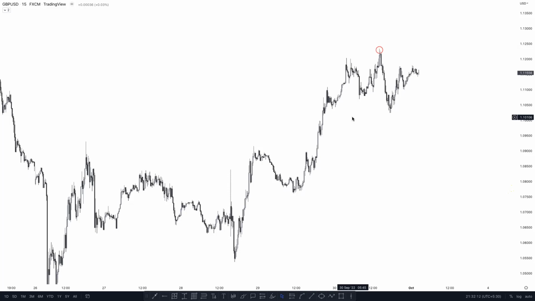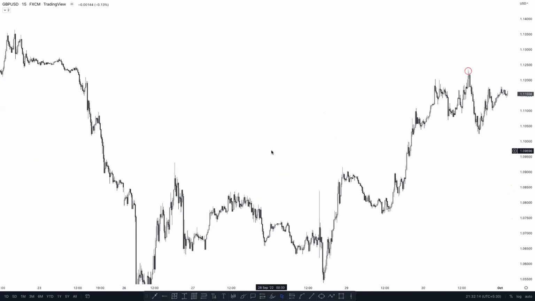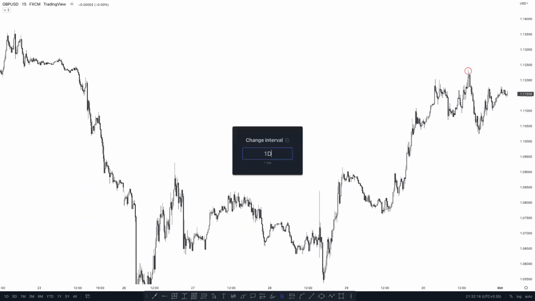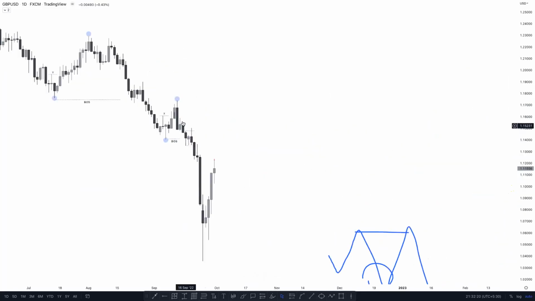Let me show you on the one day. If price sweeps this high, we can shift our high. If price did not sweep and closes above it, then we can mark it as a change of character. Okay.